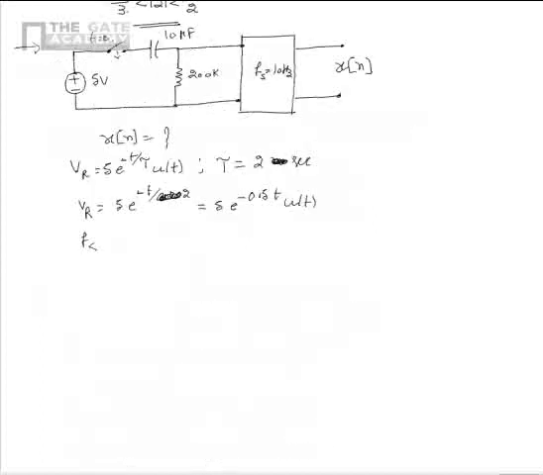It's given that the sampling frequency Fs is equal to 10 Hz. That implies the sampling interval Ts is equal to 0.1 second.